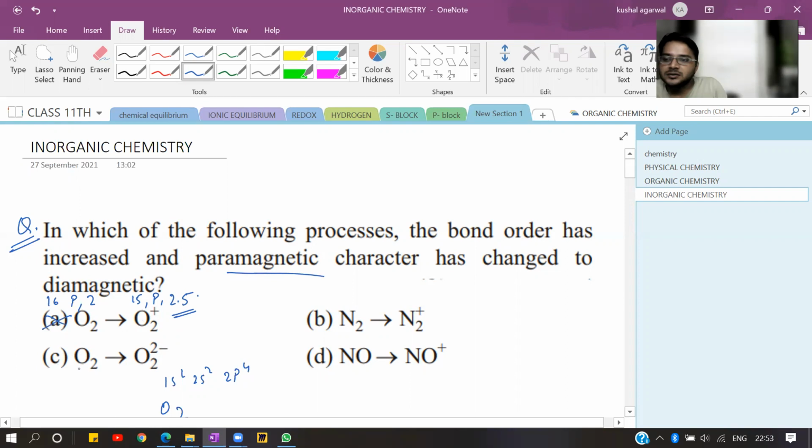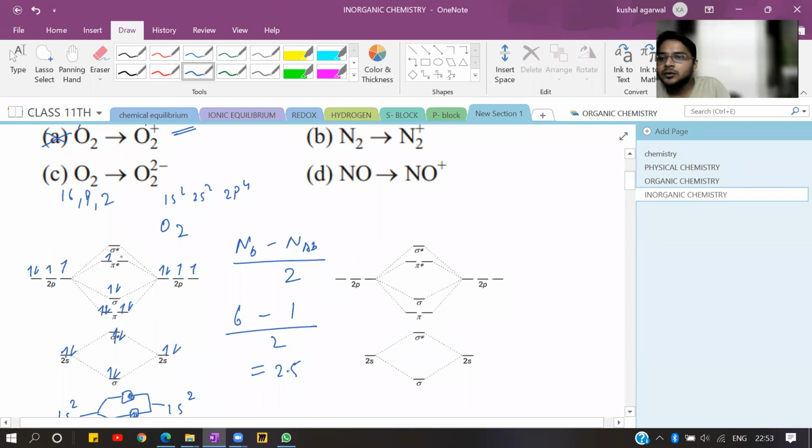In the C option also, O2 has 16 electrons. It is paramagnetic in nature, and the bond order is 2. For O2 2 negative, you will fill these electrons also, and then 1 electron here, and the next electron here. So the number of electrons in anti-bonding is 6, bonding 4, divided by 2, you will get 1 here.